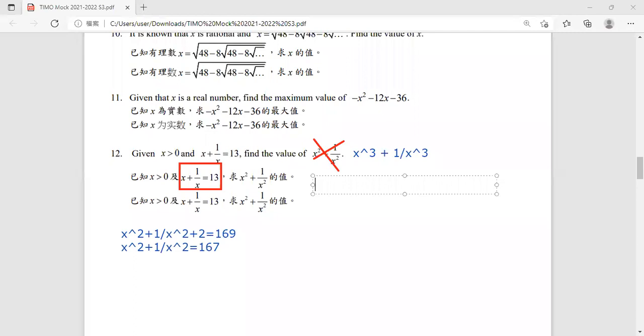Now this, you can do it because you can use some of this one, since I already have this result. Then solve.